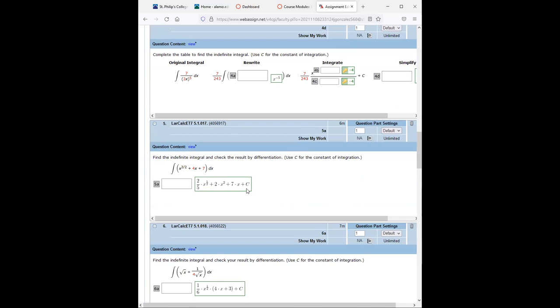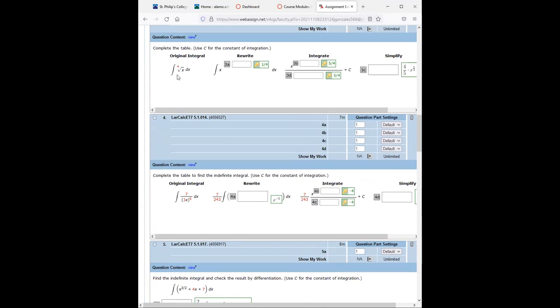Okay. So here they want you to show the steps.